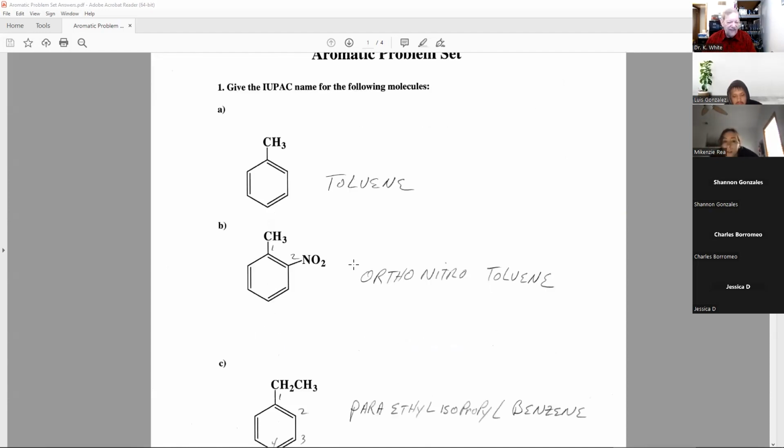Now, when we have disubstituted and toluene, the methyl group is considered one of the substituents. And this would be NO2, nitro group on toluene, benzene ring with CH3, nitrotoluene. Notice it's 1,2 disubstituted, that's nitro.